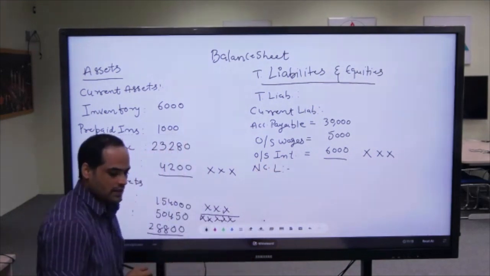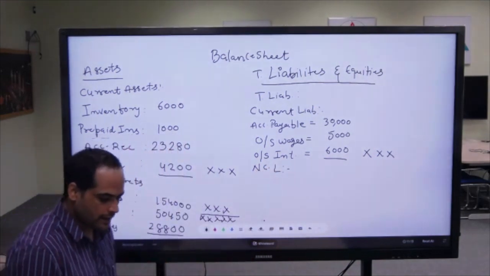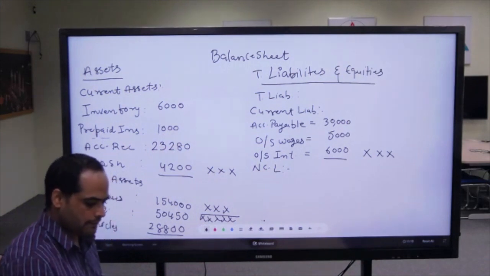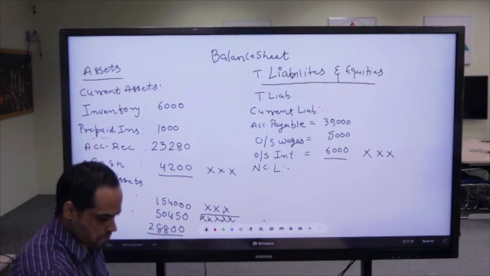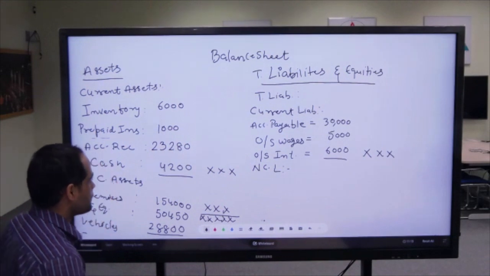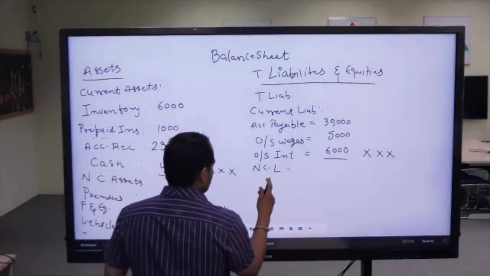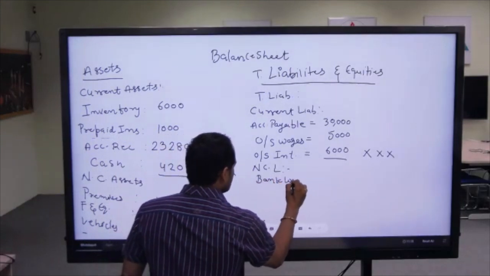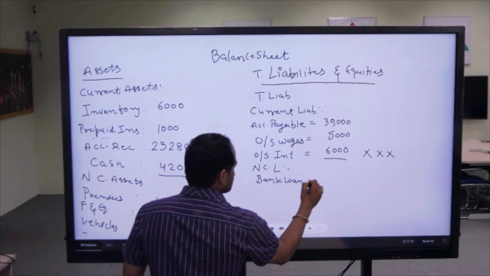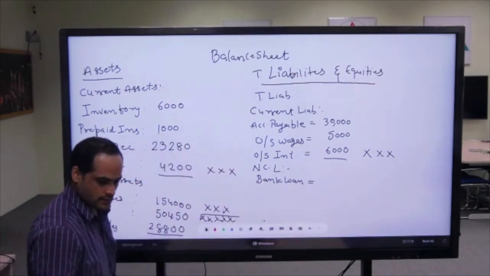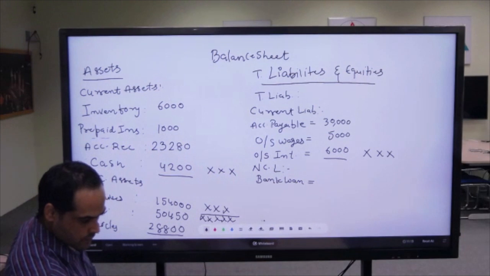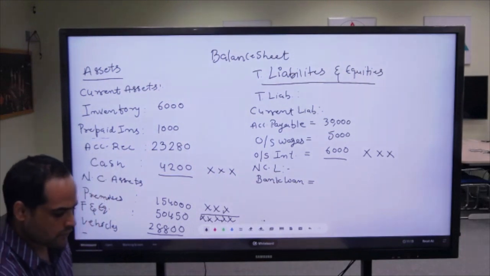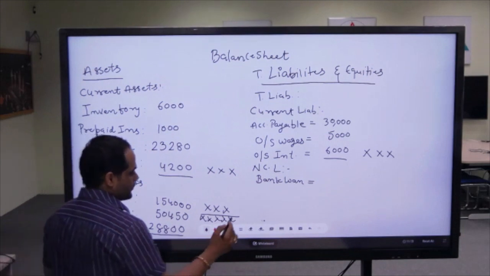Do we have anything in non-current liability? Loan, bank loan. Yes, we have bank loan. How much is bank loan? 120,000. That's right.